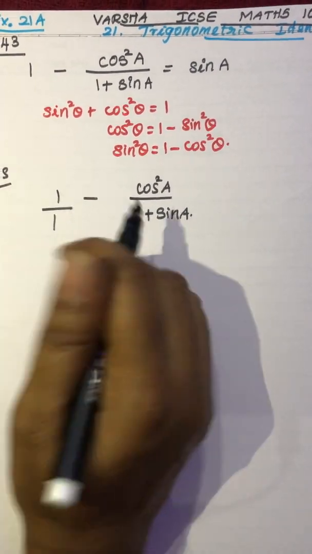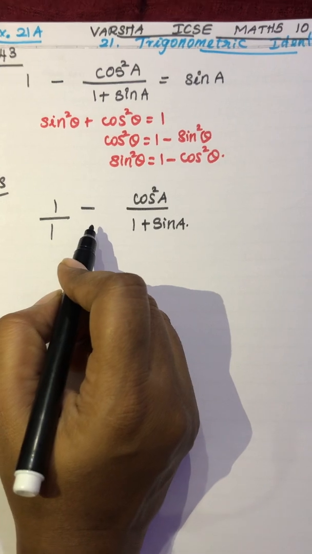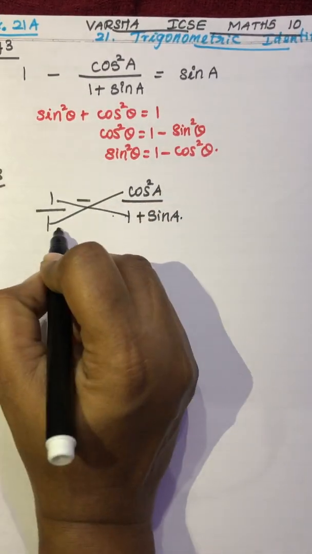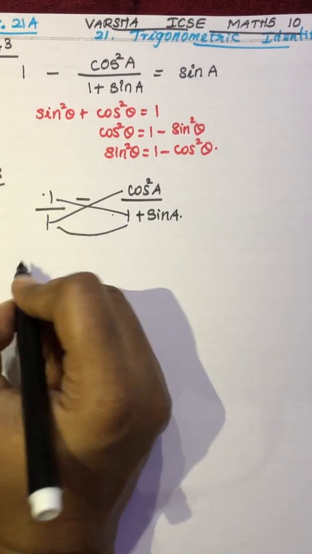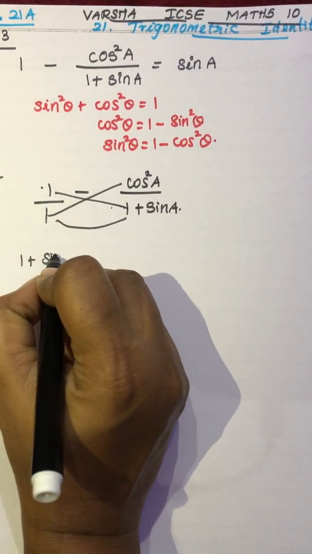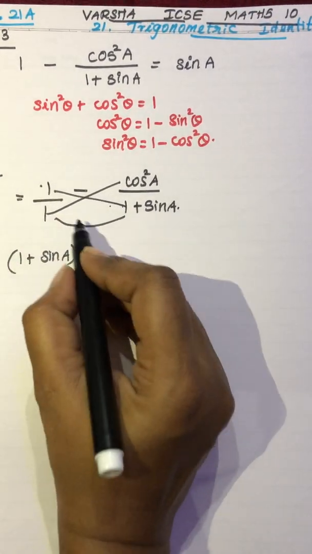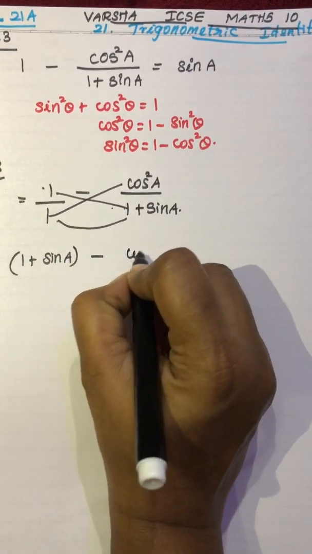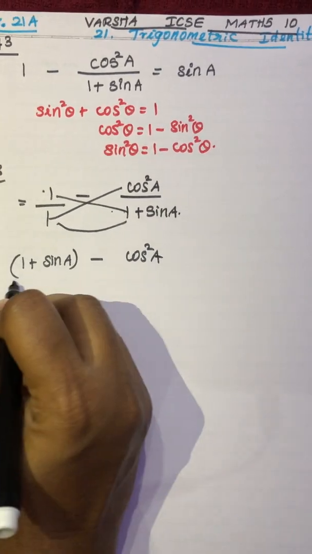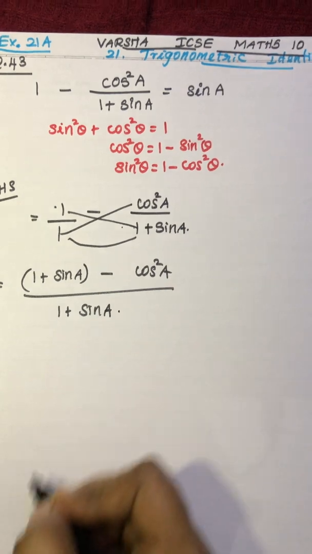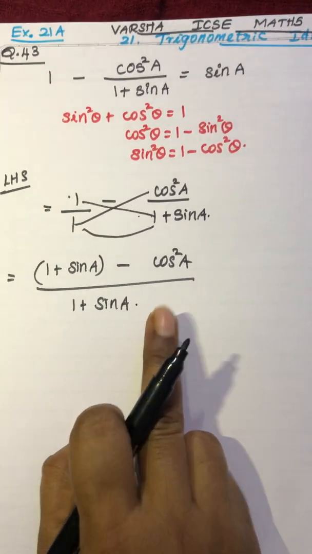LCM method or cross multiplication, both are equal. I am going to do the cross multiplication method, this one and this one. So you have 1 into (1 plus sin A), and this is minus cos square A divided by 1 plus sin A. This is the very first step.